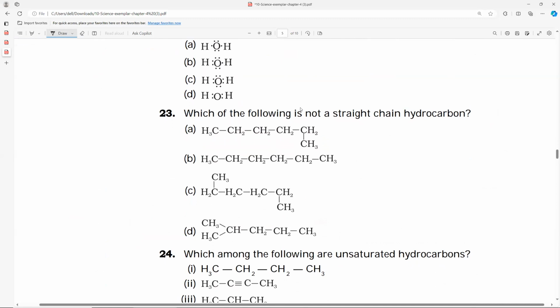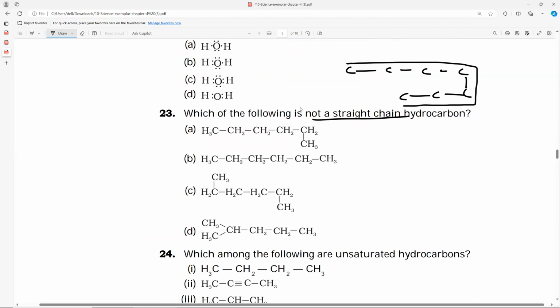For the straight chain: when we are finding the straight chain, we need to start this way. You start, but it can go this way, this way, it is still a straight chain because you are not finding any place where you have two ways and it is considered a branch. For example, like this.